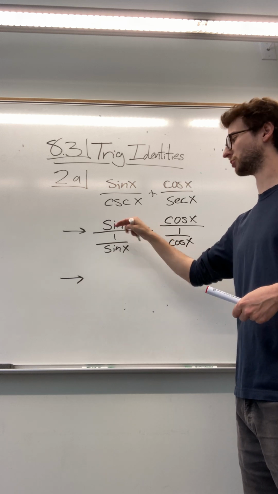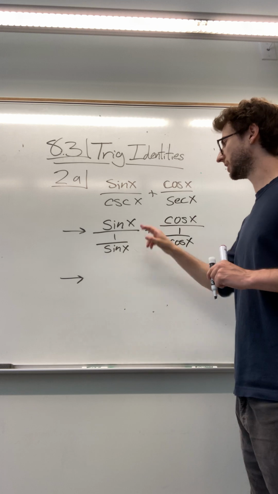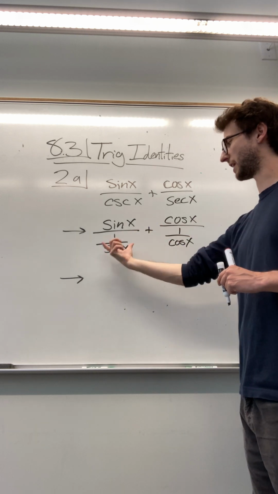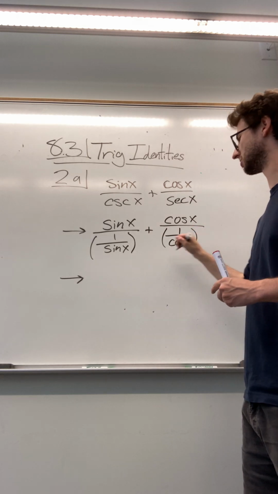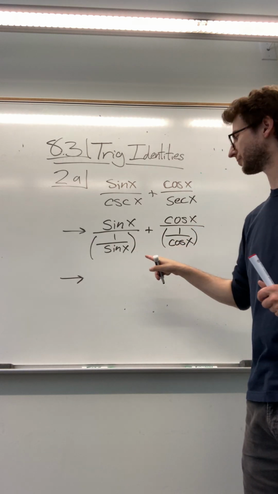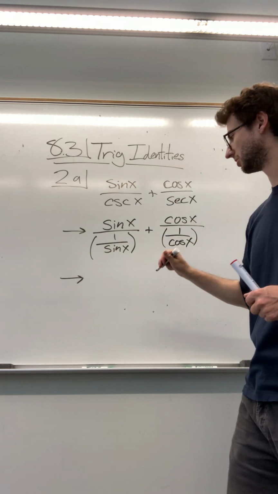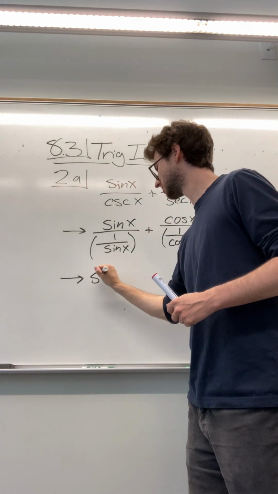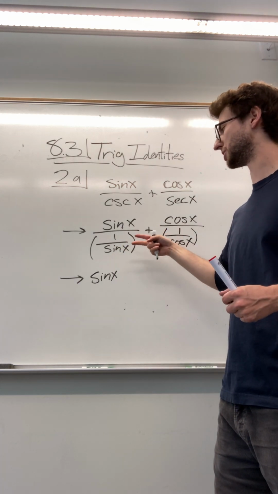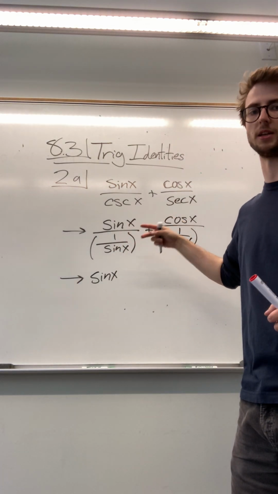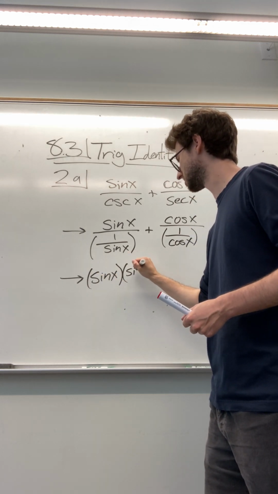This is like sine of x over 1, divided by 1 over sine of x. Really, when I'm dividing by a fraction, so think of this whole thing as just fractions in the denominator, when I'm dividing by a fraction, I multiply by the reciprocal. So this becomes sine of x, that's what I have on top, and I multiply by the reciprocal. So the reciprocal of 1 over sine is just sine. So I get sine of x times sine of x.